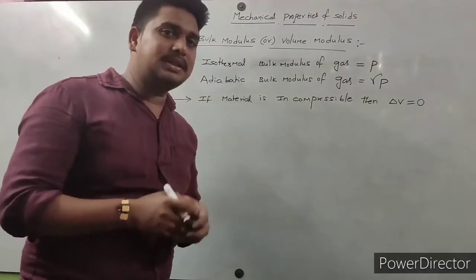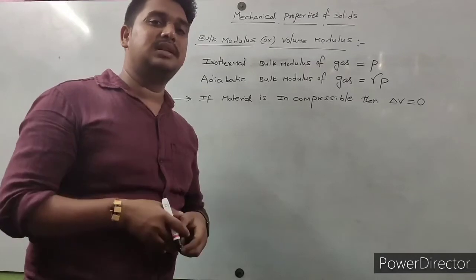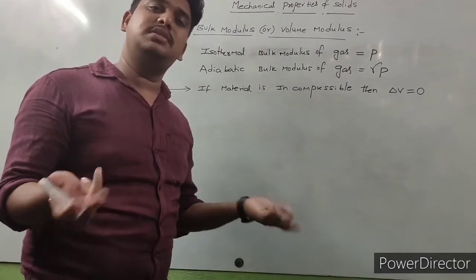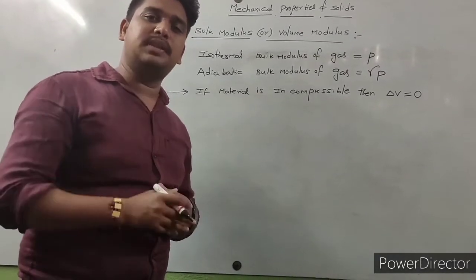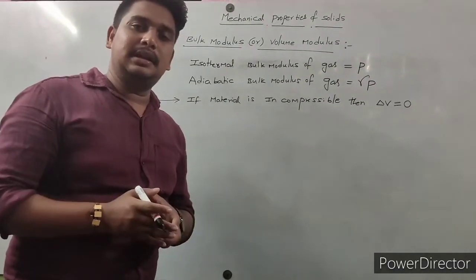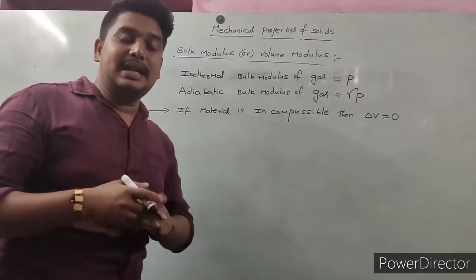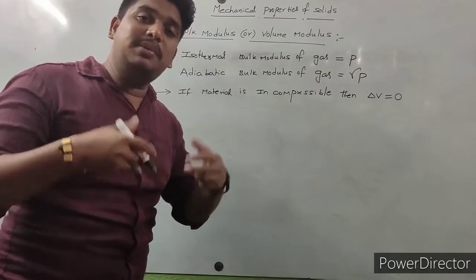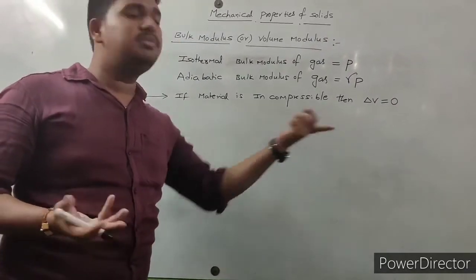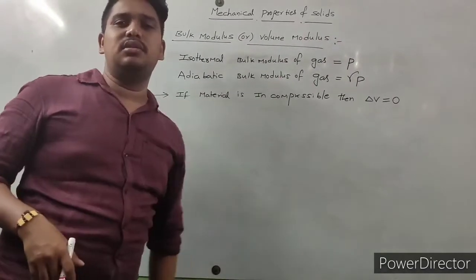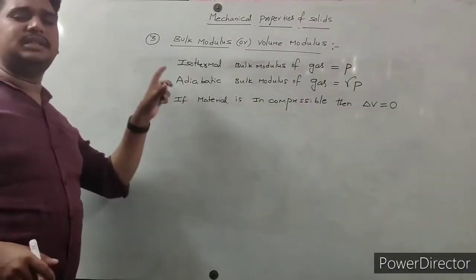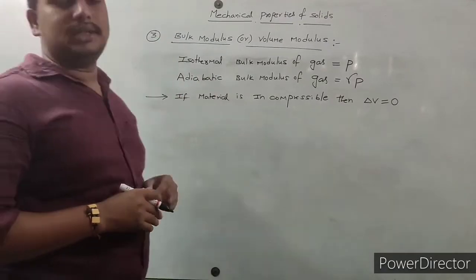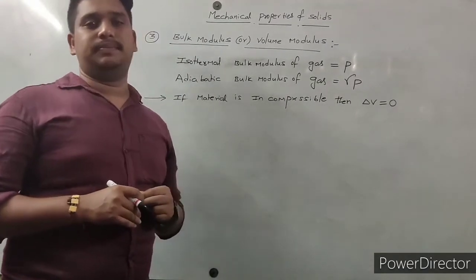It does not compress means the volume does not change. Volume does not change means the change in volume is 0. Have you understood my point? That's why delta V is equal to 0. So this is the whole concept about bulk modulus or volume modulus.